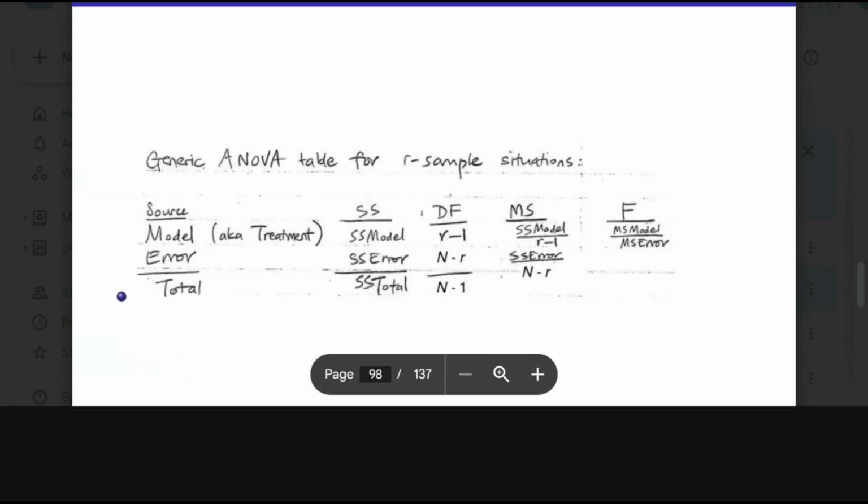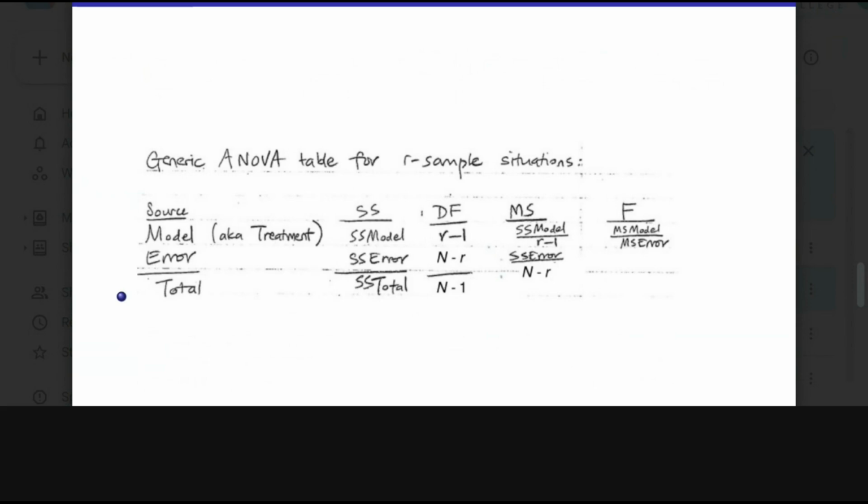So what does a generic ANOVA table look like? A generic ANOVA table for this kind of comparing r means situation is always like this. You have your model or treatment or factor, whatever you call it, at least 3 words are given to you. There will be an SS for the model. There is the error or residual.